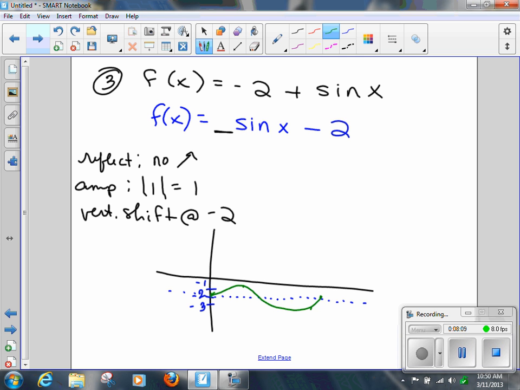Okay, let's talk about period. What does period talk about? The period is the length of our curve. Up until this point, we've been dealing with the unit circle and with revolutions.